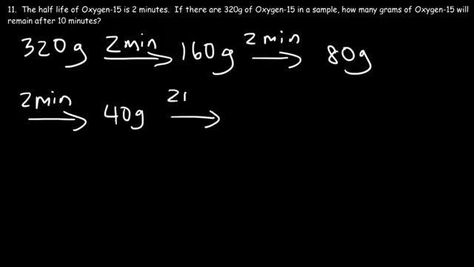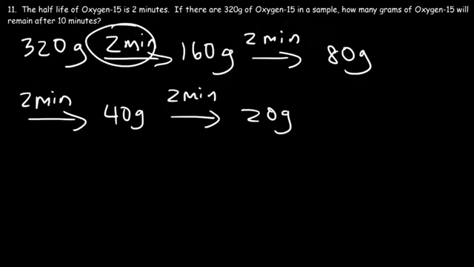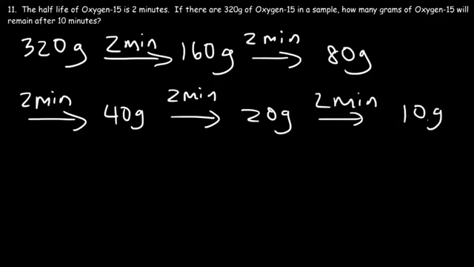And then after another 2 minutes, half will remain, so it's going to be 20. So far, 8 minutes have passed by, so we need another half-life. And then after another 2 minutes, it's going to be 10 grams. So this is the answer. So that's how many grams of oxygen-15 will remain after 10 minutes.